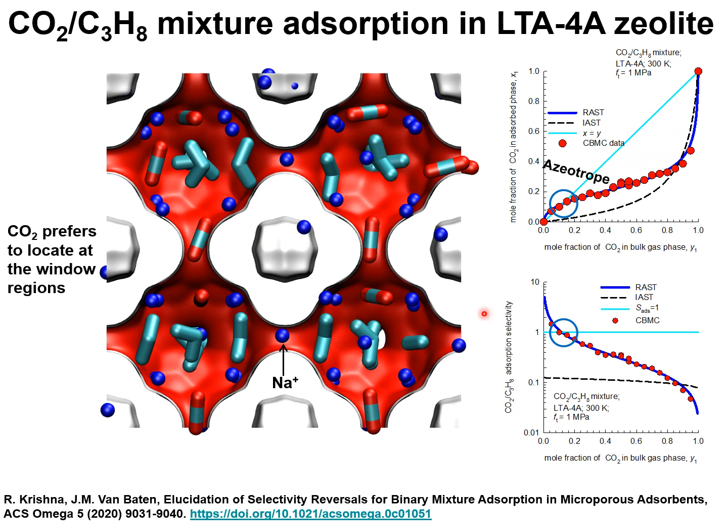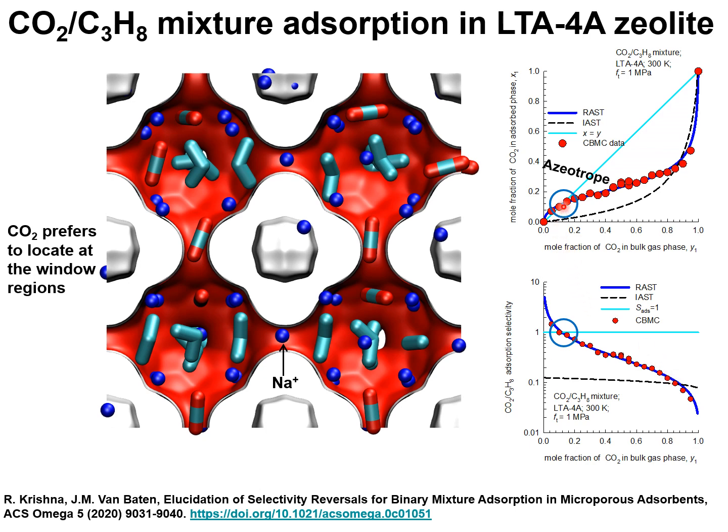For small compositions of CO2 in the bulk gas phase mixture, the mixture adsorption equilibrium is in favor of CO2. Only with increasing mixture composition does the adsorption selectivity reverse to favor the propane molecule.